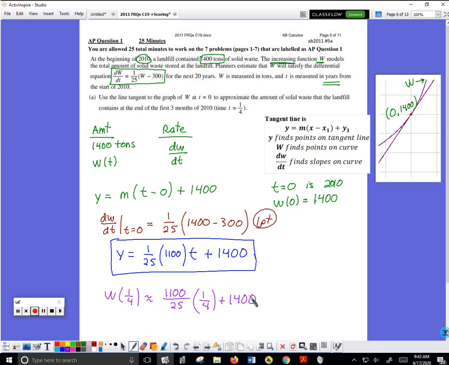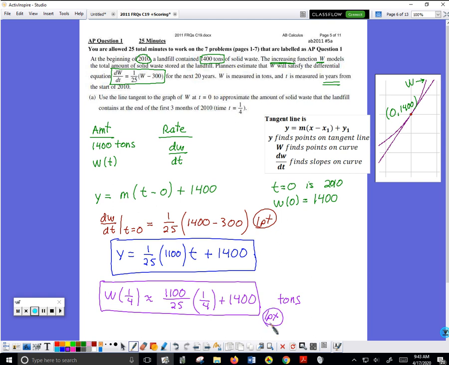And the units here are tons, although if you forget the units, they didn't penalize you for it. So you should stop right there. If you have this box written on your paper, they'll give you the second point.